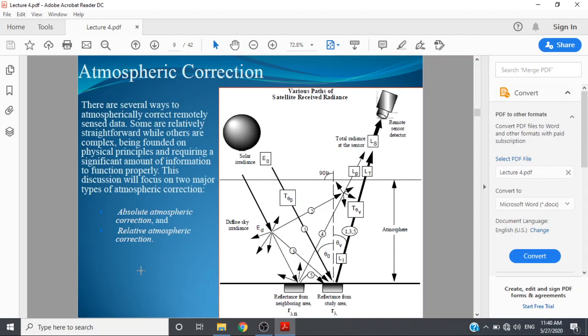Some are relatively straightforward, while others are complex, being founded on physical principles and requiring a significant amount of information to function properly. This discussion will focus on two major types of atmospheric correction. The first one is absolute atmospheric correction and the second is relative atmospheric correction.